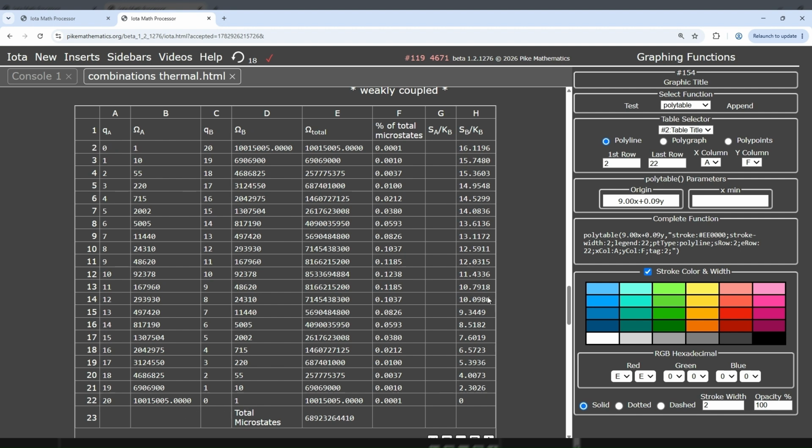That's correct. And then the x-axis, I want to be these energy levels. That's right. And then the y-axis should be these probabilities. Okay, that looks right. I'm going to change the origin to 0, put it in blue. Let's graph it.